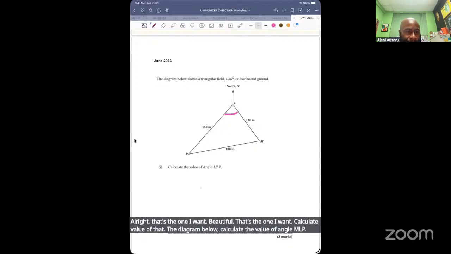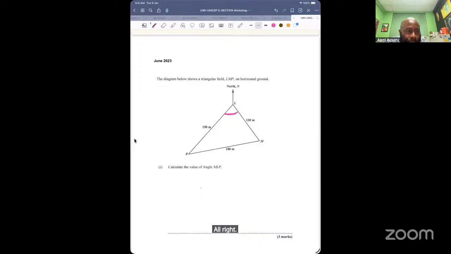So we want angle L, in the triangle. Let me write it.